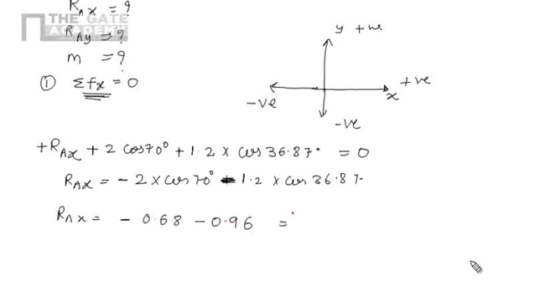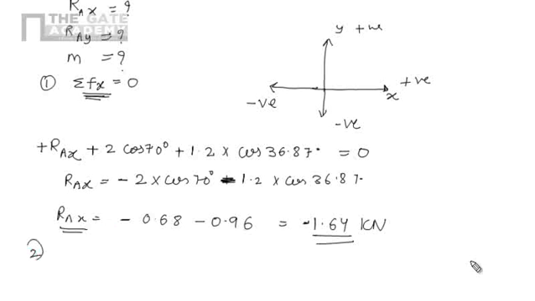If we sum 0.96 with 0.68, our value comes around 1.64 negative, and the unit is kilonewton because we are taking all forces in kilonewton. The negative sign shows the direction of RAX will be in the negative x direction.